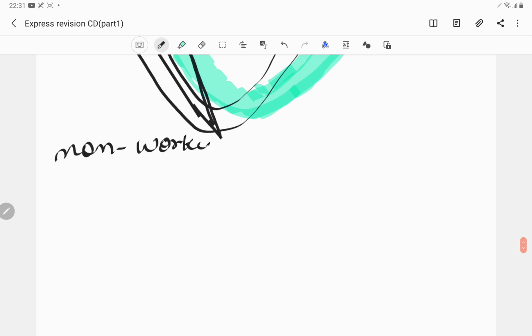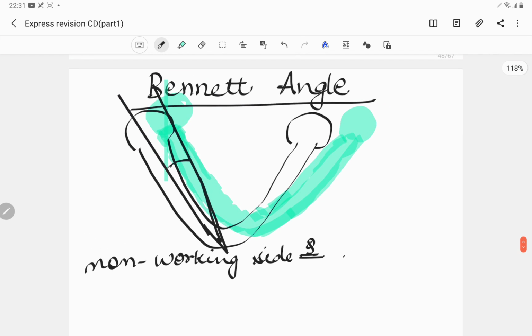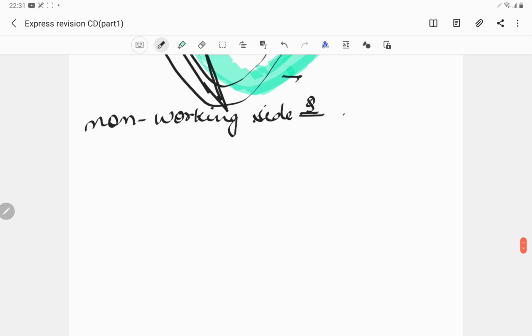First of all, non-working side, the angle between the sagittal plane and the path of the advancing condyle. When the condyle is advancing in the lateral movement, the angle is between the path of the condyle and the sagittal plane when the condyle was at rest, right?